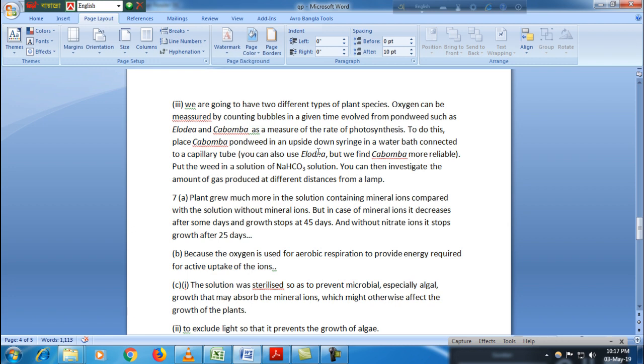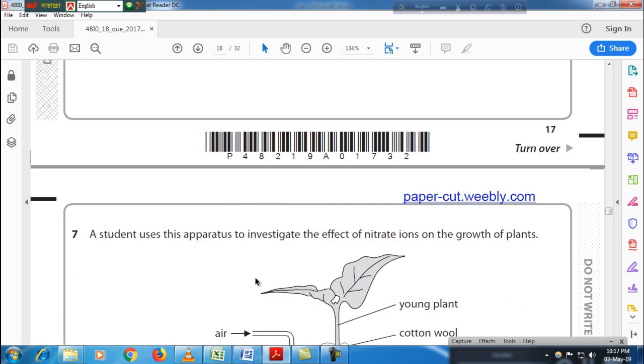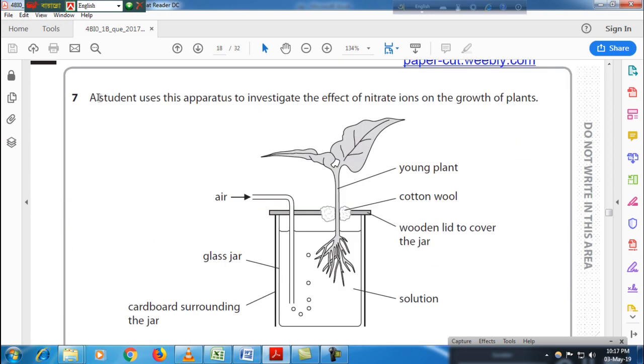You can also use this for Elodea. Put the weed in a sodium hydrogen carbonate solution. You can then investigate the amount of gas produced at different distances from a lamp. So it's very easy. This is the experiment. The answer is given on the sheet. Please check the sheet so that it will be easier for you.